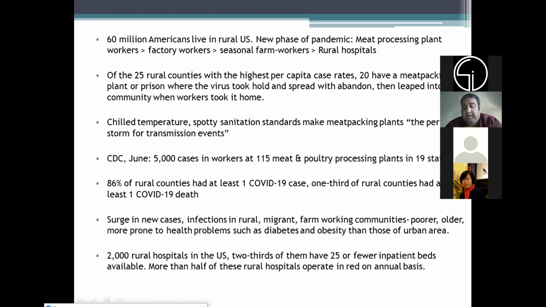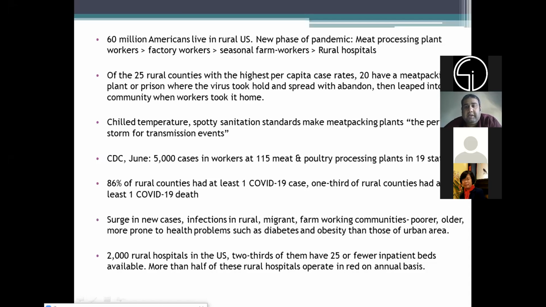And they are the ones that are now increasing the hospital bed capacity in rural hospitals and rural nursing homes, maybe equally as compared to their urban counterparts. Out of 25 rural counties with the highest per capita cases, 20 have been from meat packing plants.